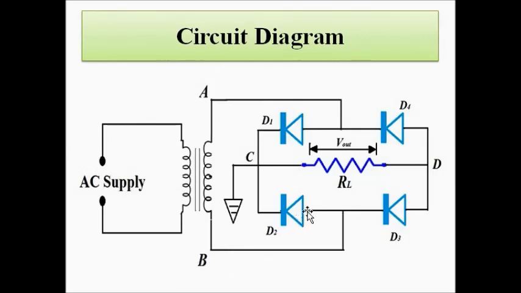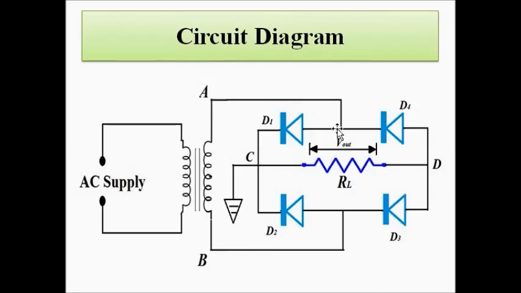B, which is positive, is connected to the P-type end of D2. Like ends, positive connected to P and negative connected to N. So, D2 and D4, these two crisscross opposite diodes, are forward biased and are short circuited.